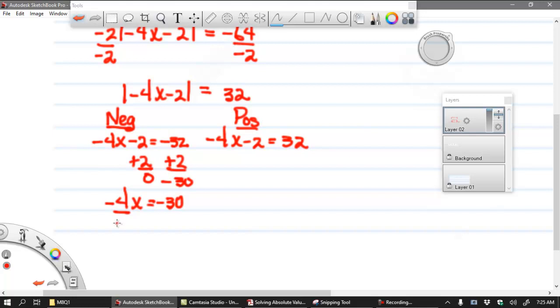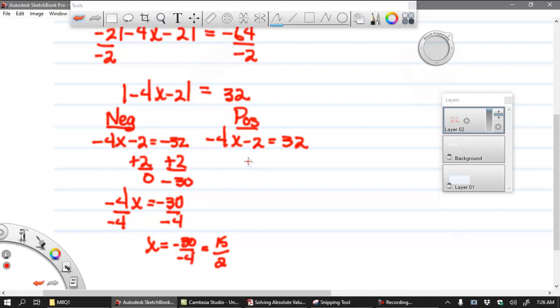I'll divide each side by the negative 4 to get 1x. So x equals negative 30 over negative 4, and if I simplify that, it's 15 over 2. So that's the answer to the negative side of the absolute value. And I probably won't go ahead and check these even though I should. I'm just running out of time.